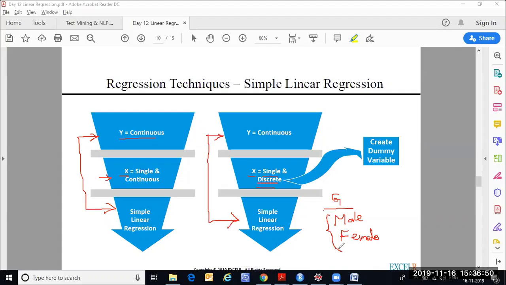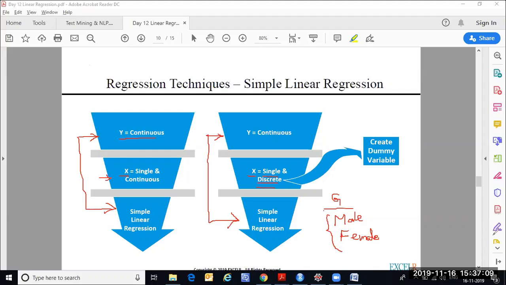Just any other label data, text data. It cannot understand, right? Hence, we need to create the dummy variable.